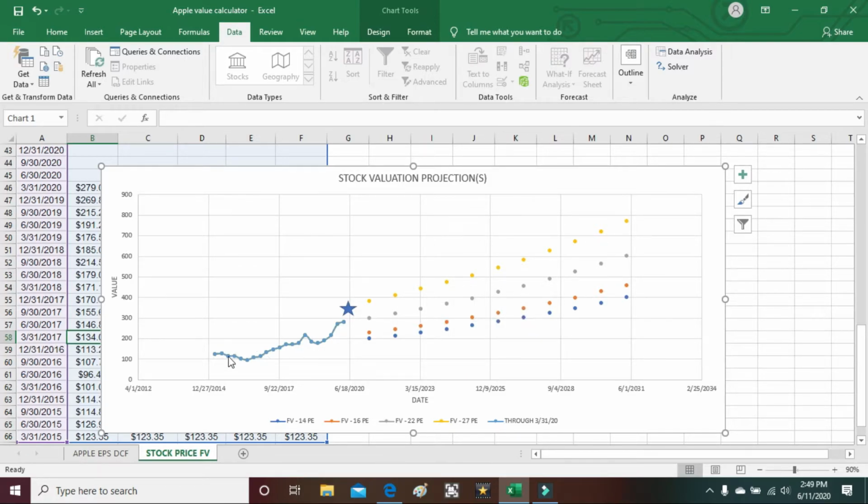Here are the trends for the last 5 years of the stock, and each one of these could make sense. But what I want to look at is the relationship of how much it costs now, as indicated by the blue star, based on the probability of what the PE multiples might be, where would be a reasonable range to buy that stock.